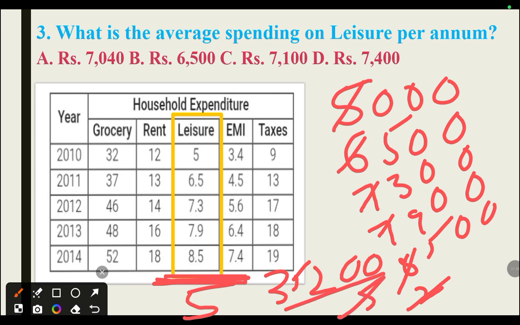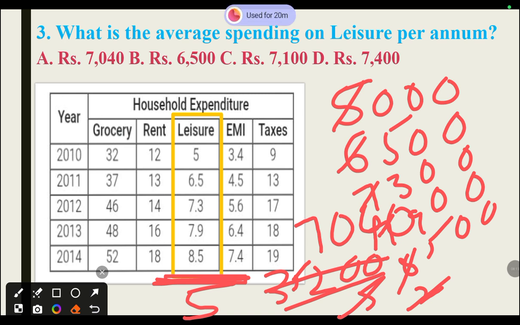So what you'll get is 5 sevens are 35, and as I'm taking two digits at a time, 040 would be my answer. Once again, see here, 7040 would be my answer, and it will be option A. Okay, do it. If you need it, you have to practice again and again, then only you will understand, right?